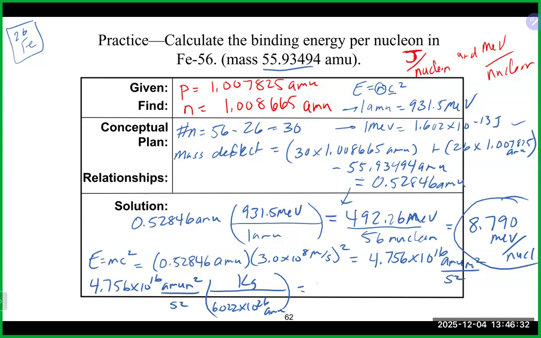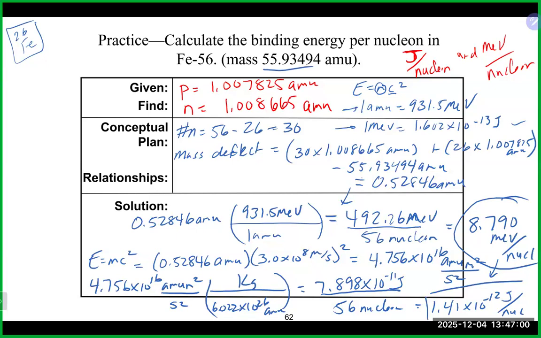We'll get something like 7.898 times 10 to the minus 11 joules. Divided by our 56 nucleons, that gets us about 1.41 times 10 to the minus 12 joules per nucleon, which you should get if you use that conversion going that way. Again, slightly different maybe with the rounding, but you should get pretty much the same number.